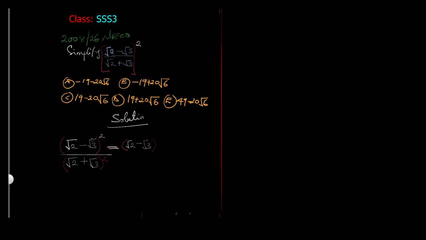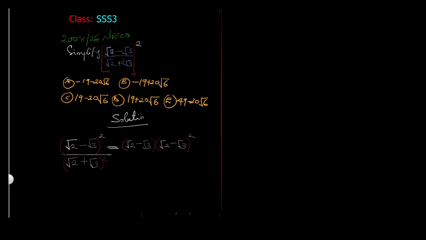Yes, there are two brackets side by side, so we open another bracket, since it is times the same thing: square root of 2 minus square root of 3. We close it and then raise to the power of 2.